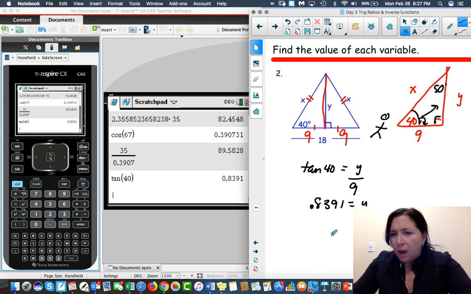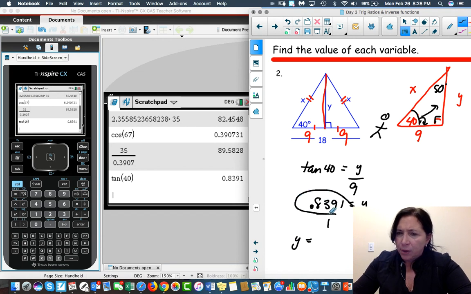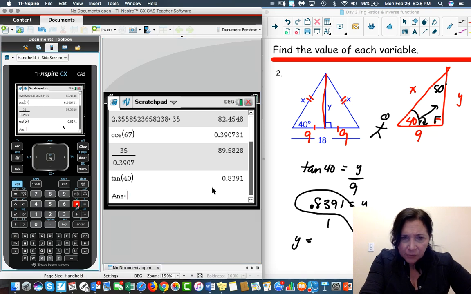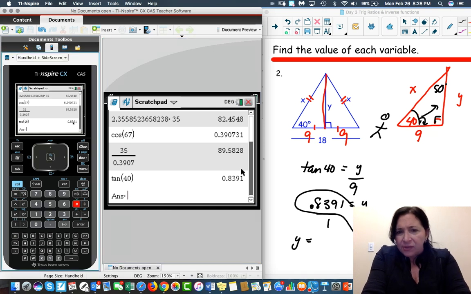So to find y, I need to cross multiply. So I'm going to go 1 times y, which is y. And then I've got to go 9 times 0.8391. So now I'm going to go back to my calculator, and all I have to do is push times, because that automatically takes my answer right there and multiplies it.